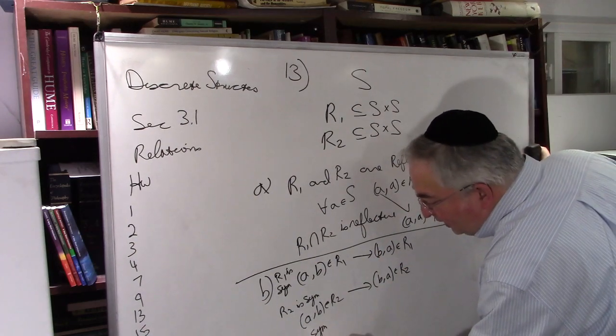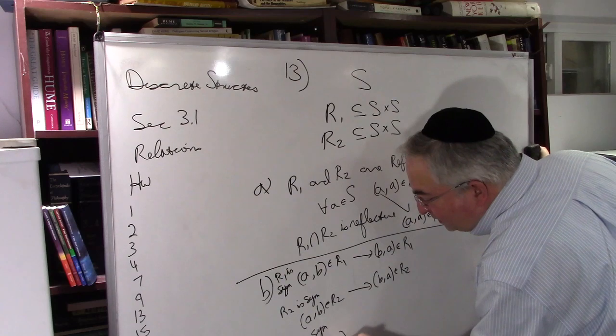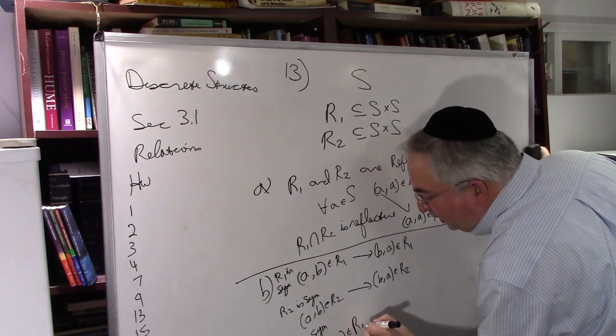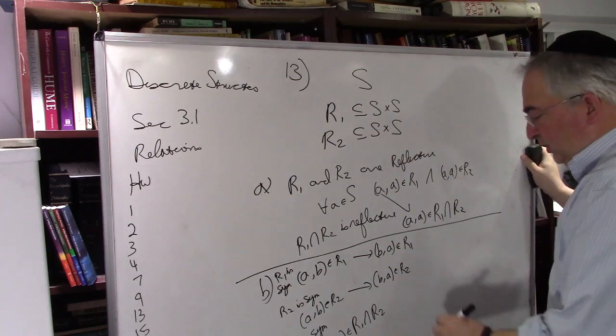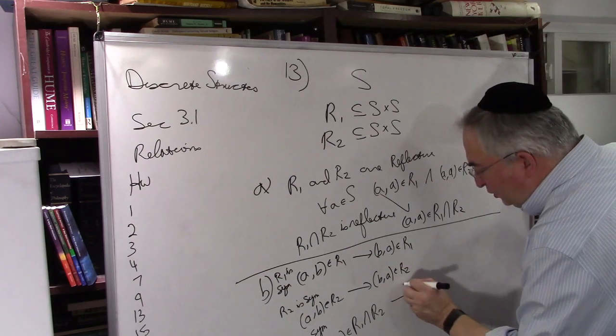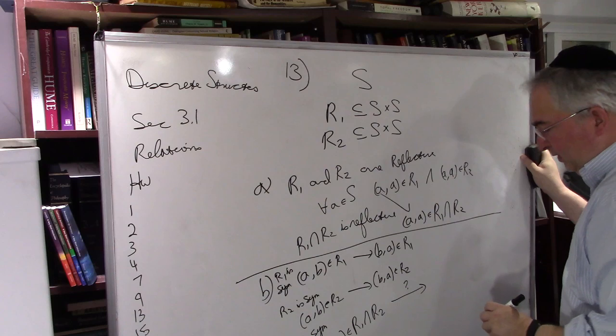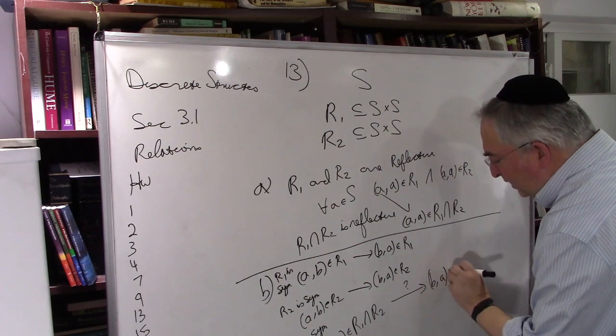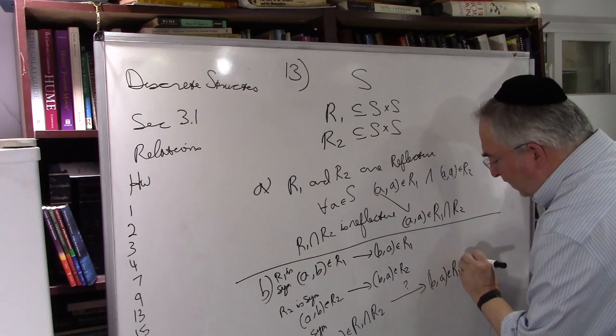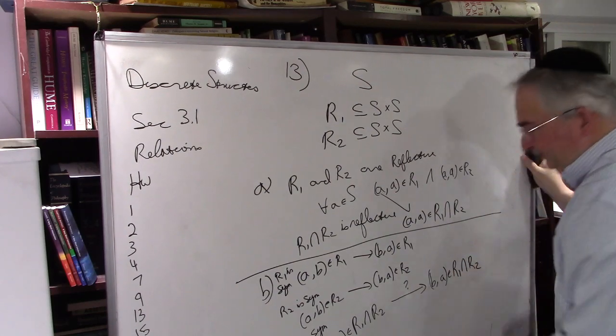If A comma B is a member of R1 intersect R2, question, I'm going to put a question mark on it. Does that mean that B comma A is a member of R1 intersect R2?